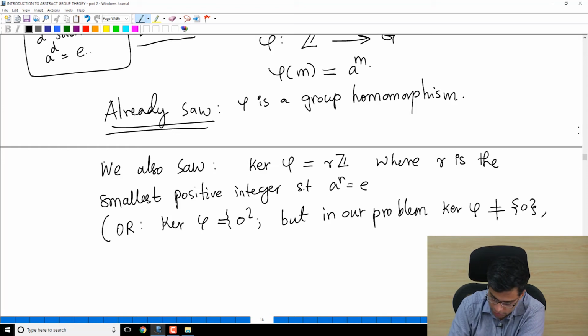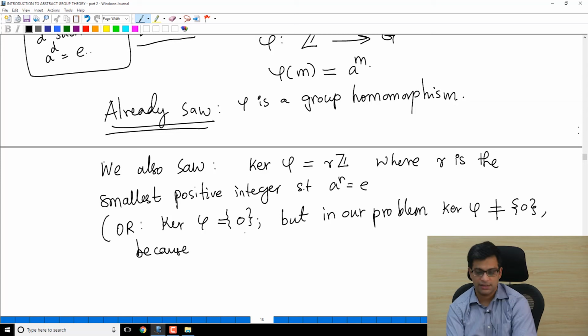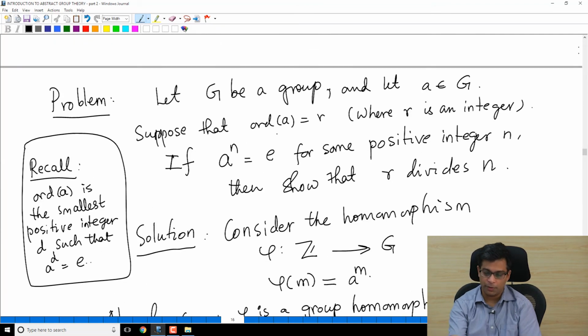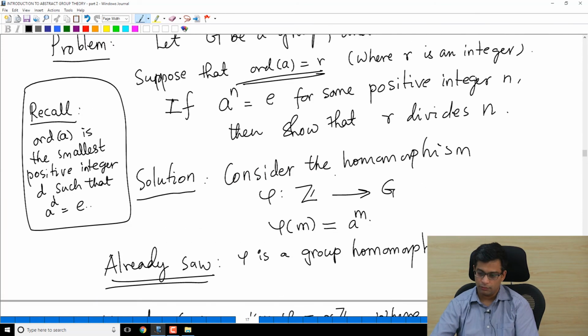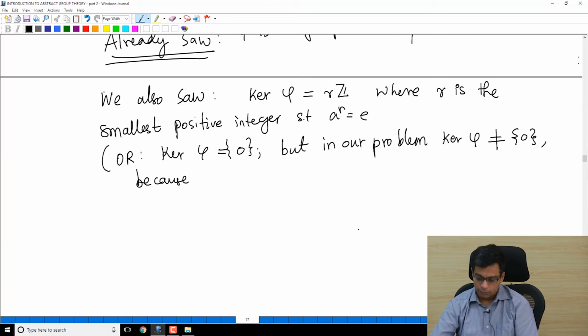I should really put it as a set, because kernel phi being {0} is a possibility in general, but in our problem it's not possible, because remember we are given that order of A is R, where R is a positive integer. Order has to be either 0 or a positive integer always, and in this problem we are given that order is a positive integer.